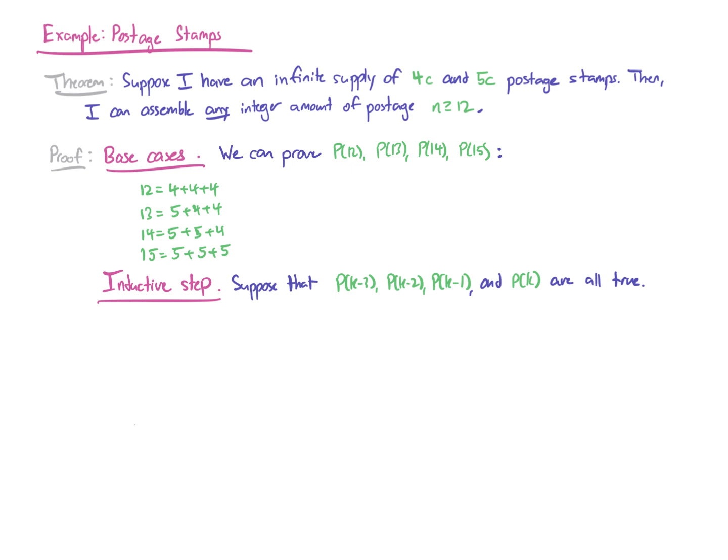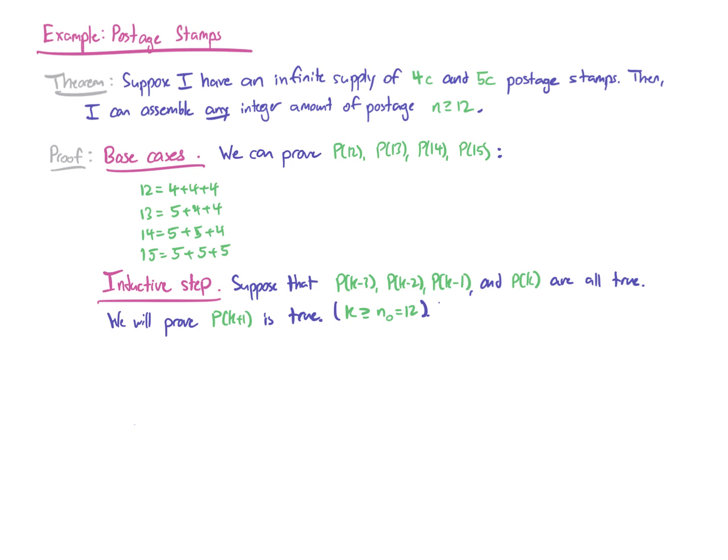Regardless, what we're going to do is prove that p of k plus 1 is true. And in all of this, we are assuming that k is greater than or equal to n naught, which is 12.